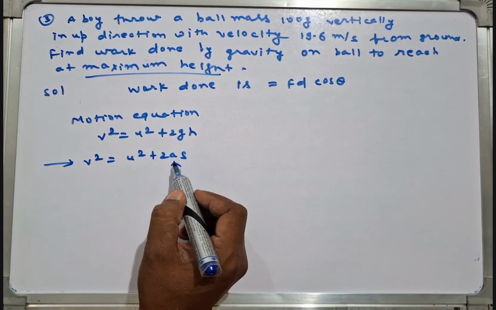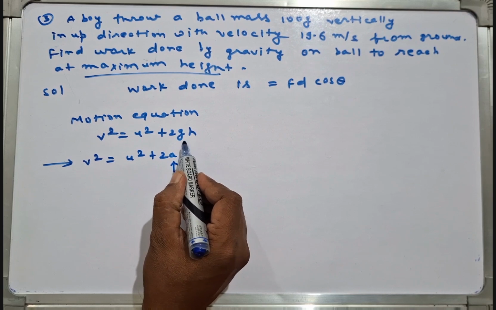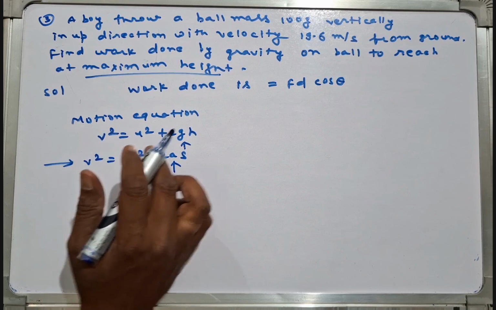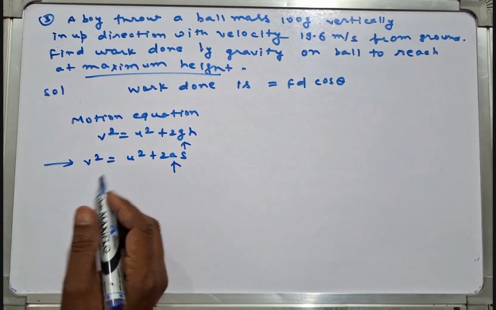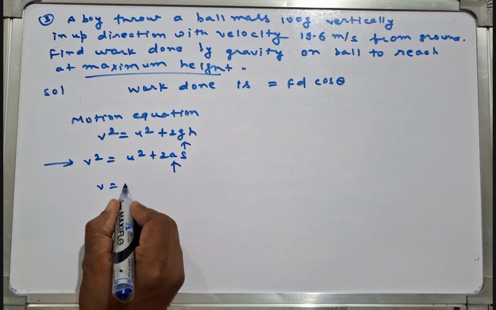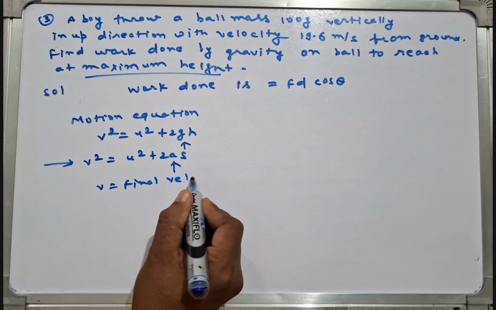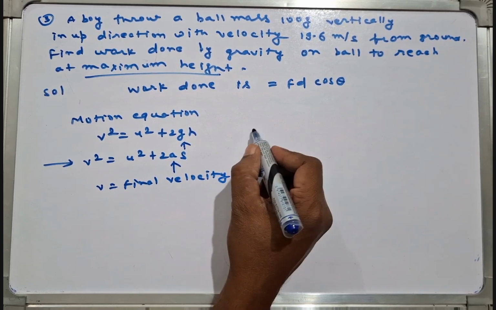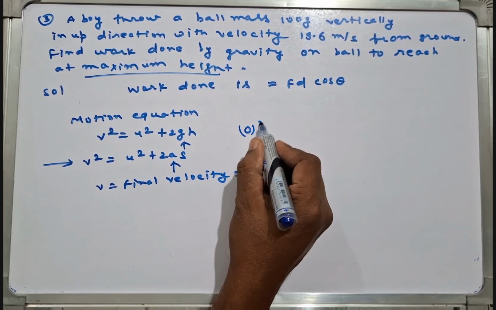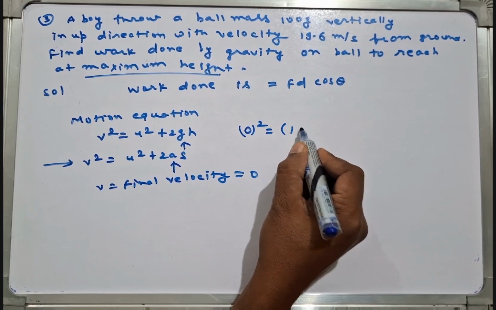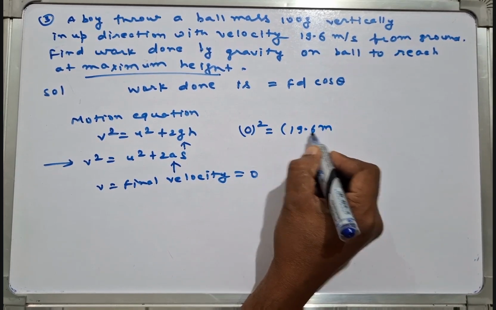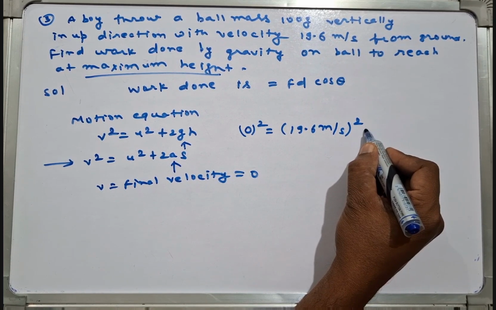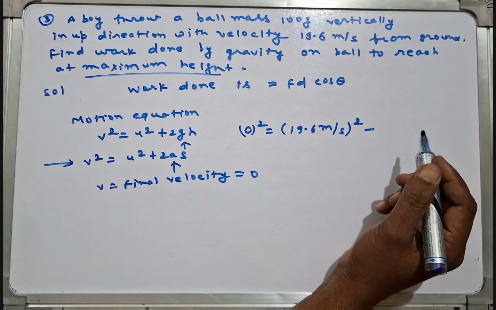So what we do here, acceleration value is due to gravity, and s is height. So at maximum height the final velocity v is equal to 0. So we can put here 0 whole square, u is given as 19.6 meter per second whole square, then we put here a negative sign. Why?